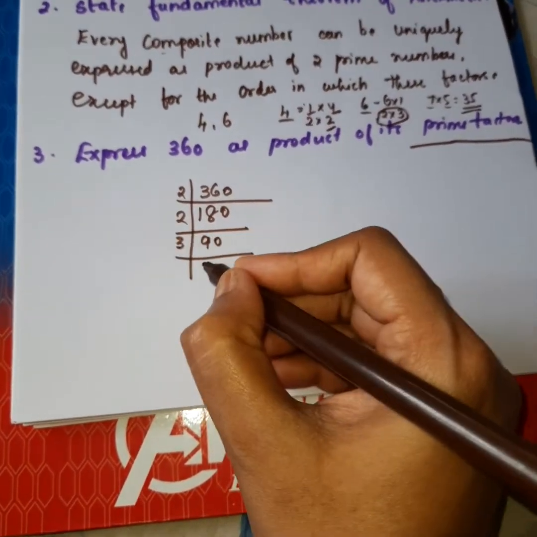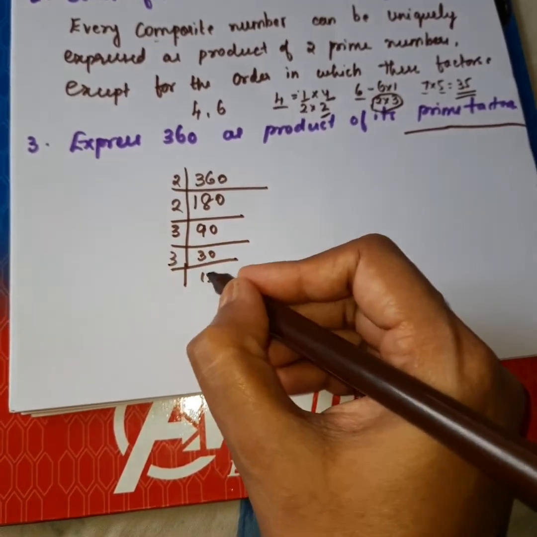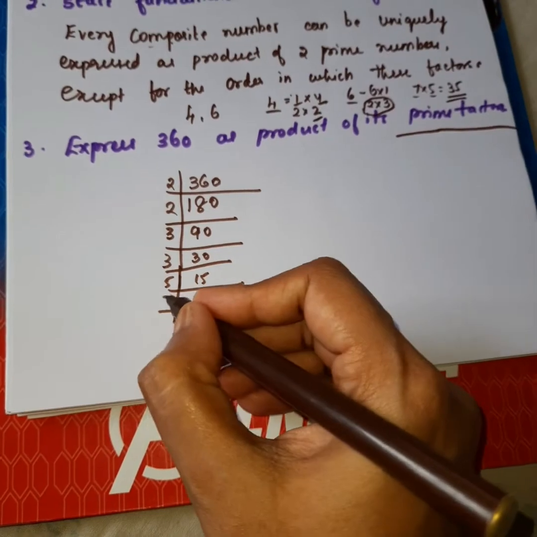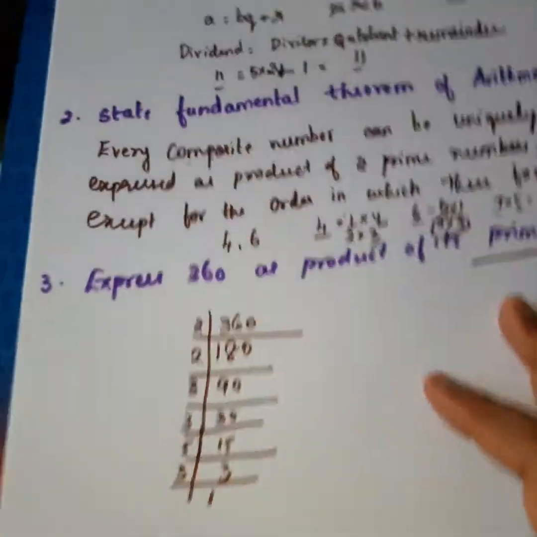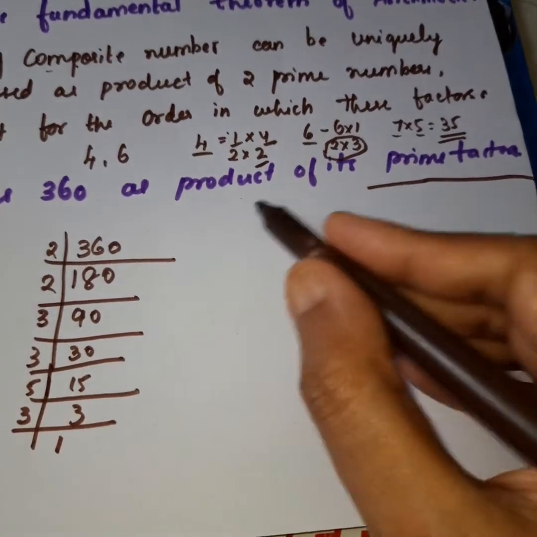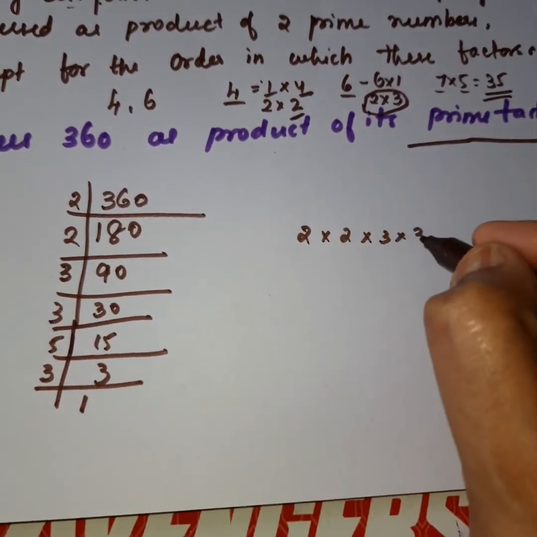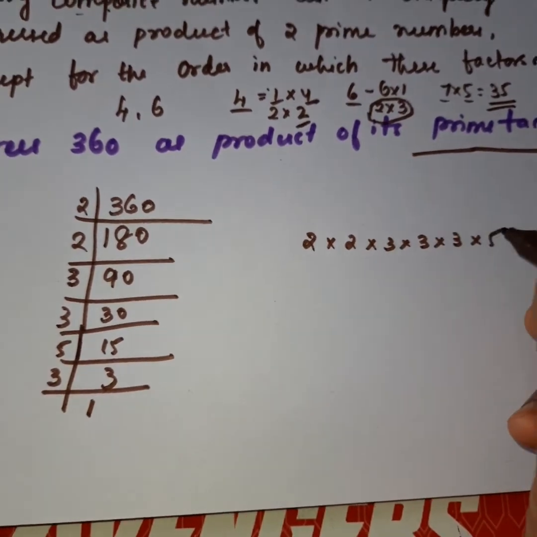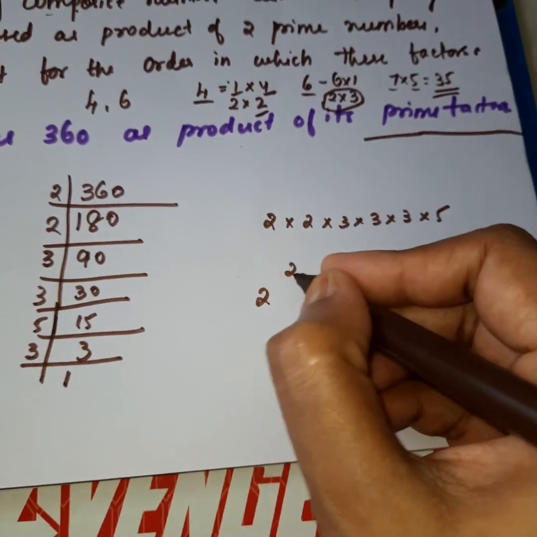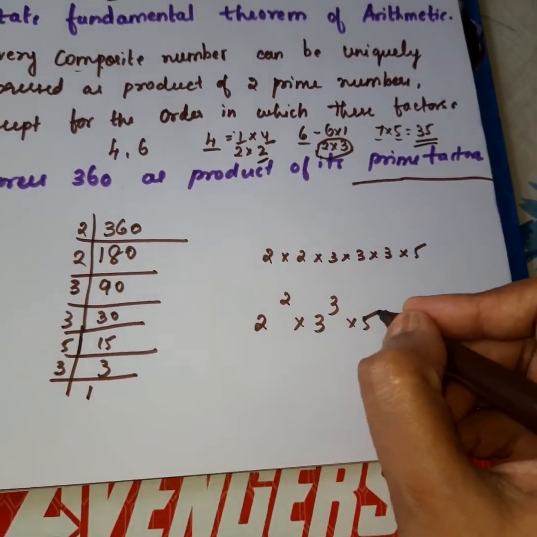We factorize with 3, 30 times, with 3 again 15 times, with 5, 3 times, and 3, 1 time. So we write them as a product of the prime factors. In this case, it's 2 into 2 into 3 into 3 into 3, 3 times it's there, into 5. So 2 to the power of 2 into 3 to the power of 3 into 5 to the power of 1, or just 5.